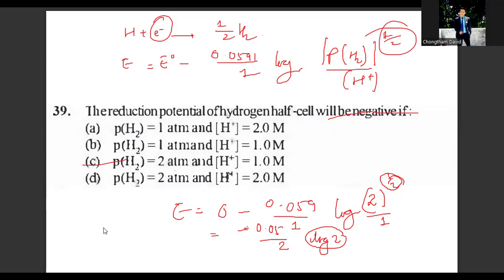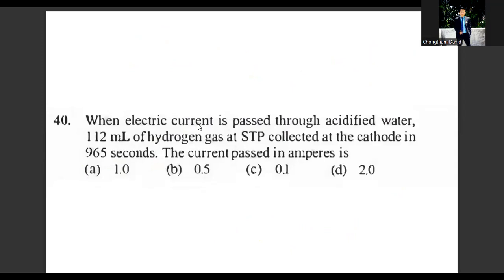Moving on to the next question, number 40. When electric current is passed through acidified water, 112 ml of hydrogen gas at standard temperature pressure was collected at the cathode in 965 seconds. So what is the current passed in ampere?